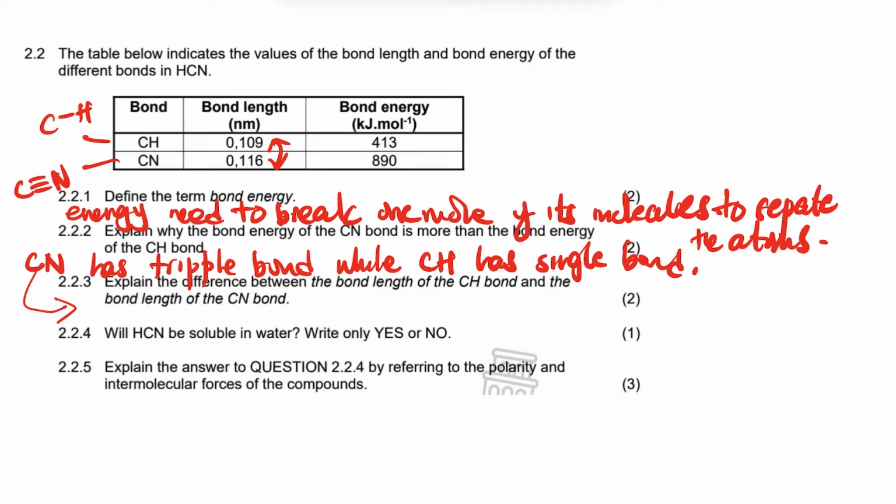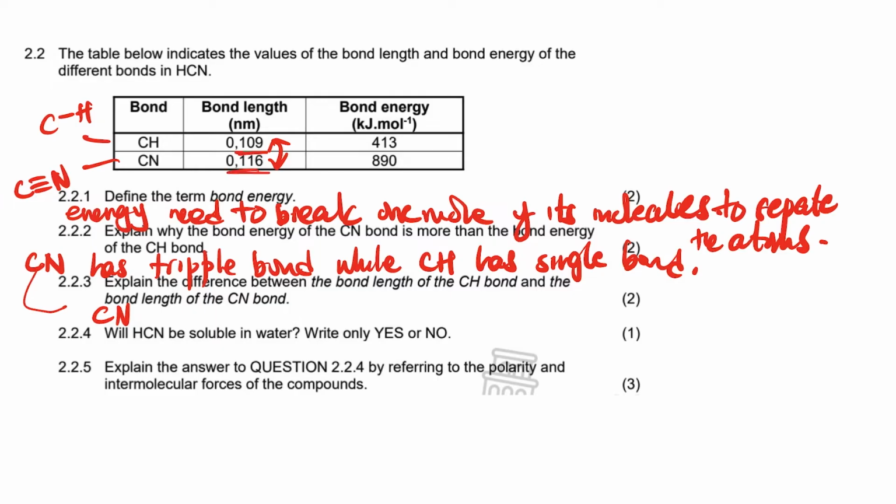Okay, now it says explain the difference between the bond length of CH and CN. So what I'm going to say, as I've mentioned, is that these bond lengths are wrong.